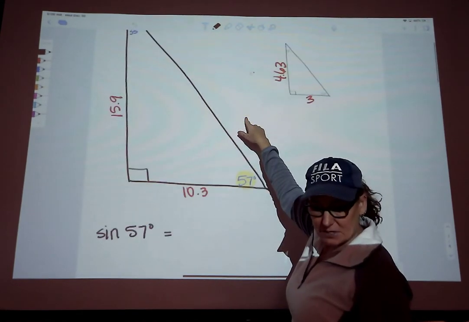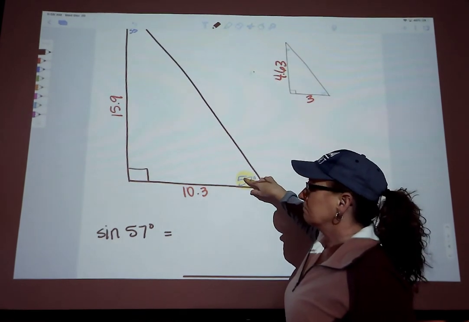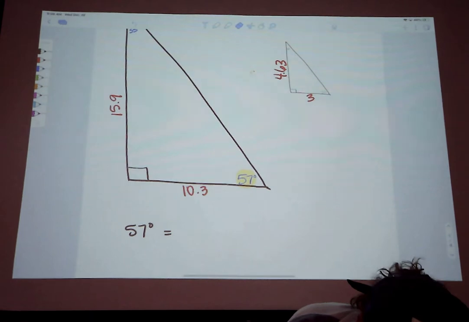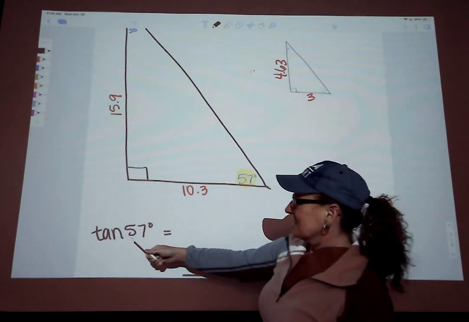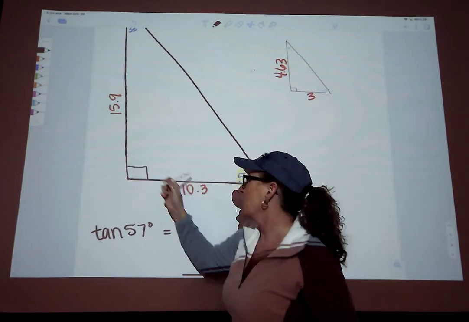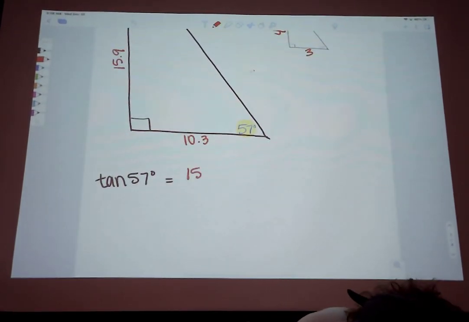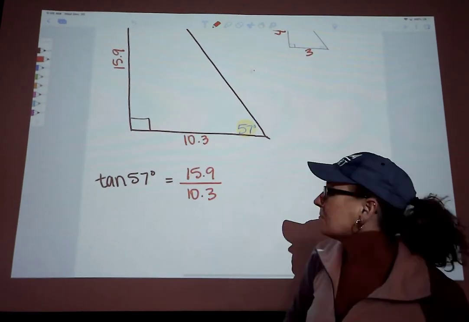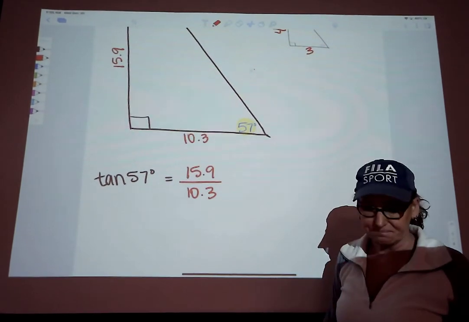So sine for that angle is, no, I don't want to do sine, I want to do tangent. I don't want to do any extra math. Let's do tangent for this one because I've got 15.9 and 10.3. Does that make sense? Opposite side length, adjacent side length.